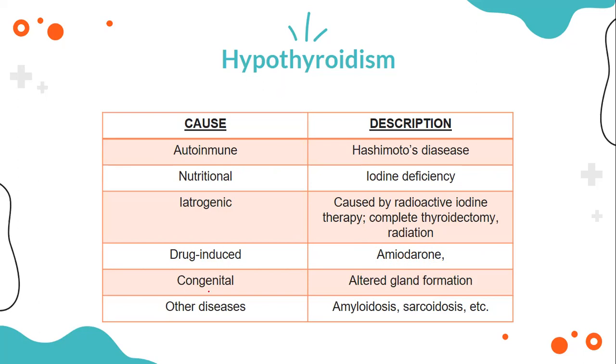Okay, so we also have this congenital cause, which would be related to altered gland formation. This gland would not be formed at all, or this gland does not get mature enough, and it wouldn't be able to work.